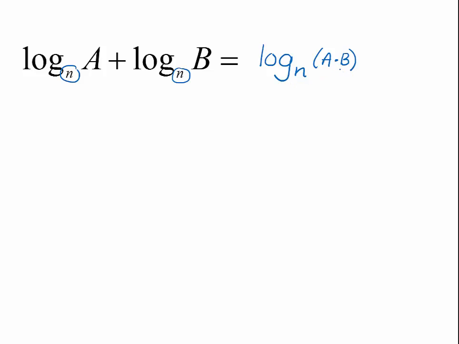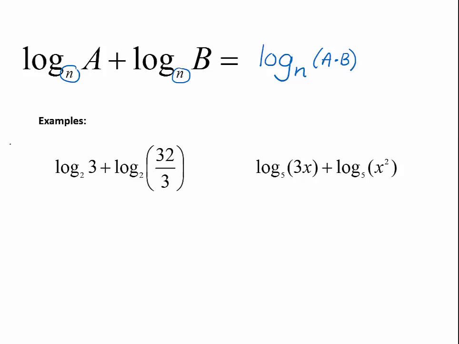Let's do some examples. For the first example, the direction should say to evaluate. If you looked at the first log, you wouldn't know how to evaluate log base 2 of 3 exactly without a calculator. But let's use our log property. We can add these two logs because they have the same base.